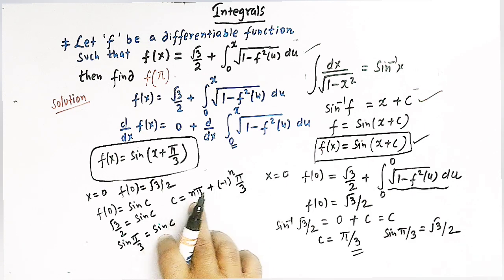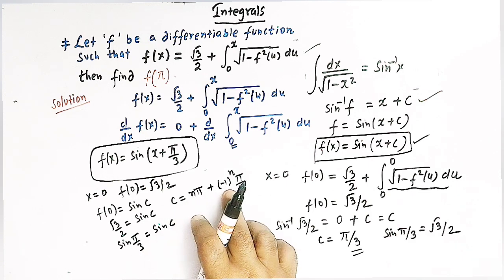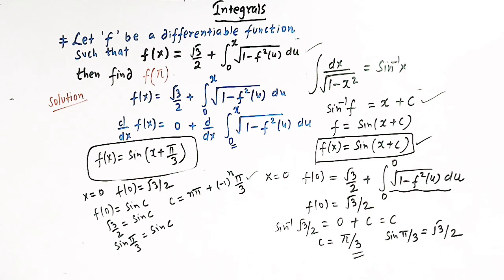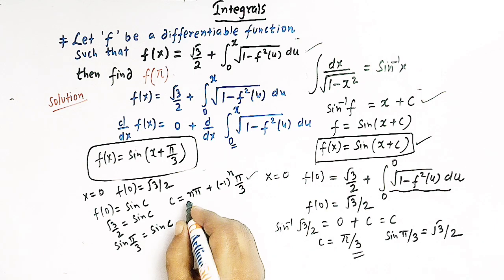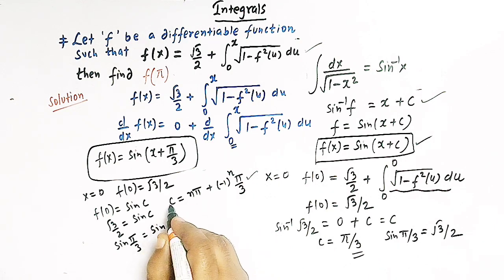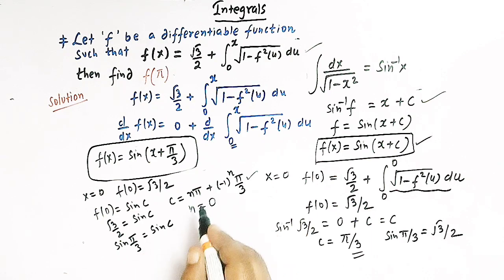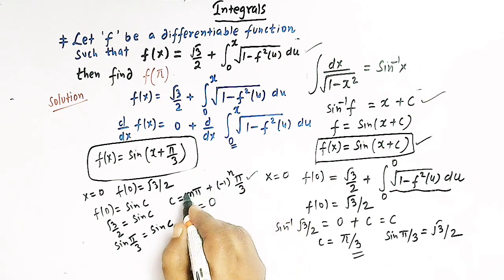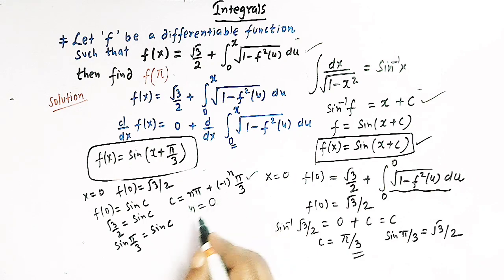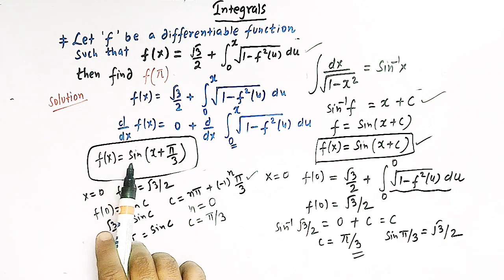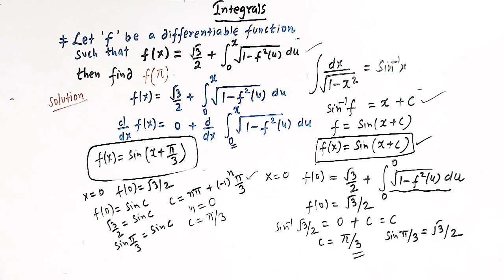In that case, c is given by n pi plus minus 1 raised to n pi by 3. So in the present case, we have just considered the value of c corresponding to n is equal to 0. When we take n is equal to 0 in this general solution, then the value of c is simply given by pi by 3. And in that case, the form of the function f of x is given by sine of x plus pi by 3.